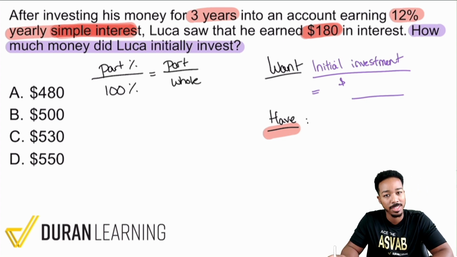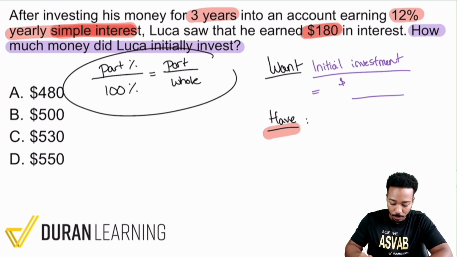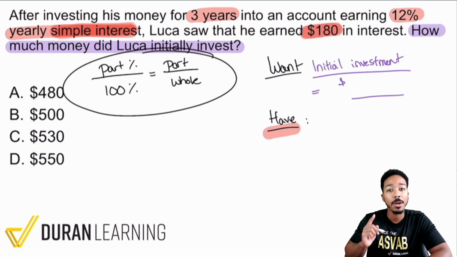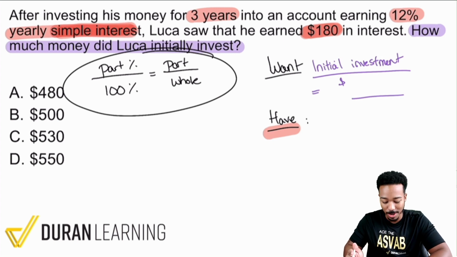Remember, percents are pretty much like fractions because it's out of 100. And to make a proportion, remember this: all you have to do is compare the same things in the same way. One more time, for a proportion, write this down: compare the same things in the same way, and you're golden. Let me show you how to do that with this problem.